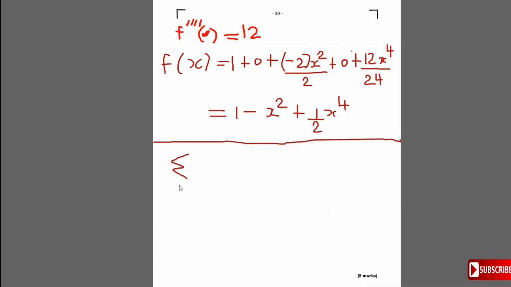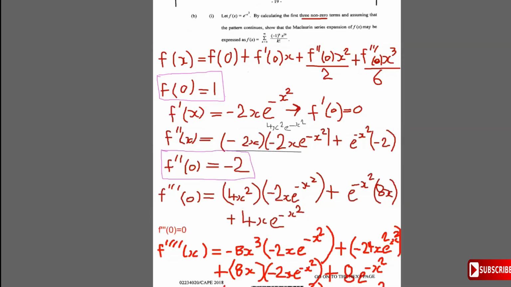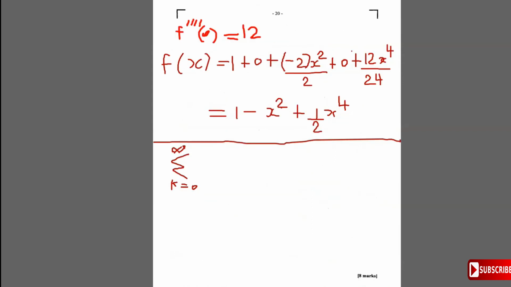It should look something like this: the sum from k equals 0 to infinity of minus 1 to the k times x to the 2k over k factorial.